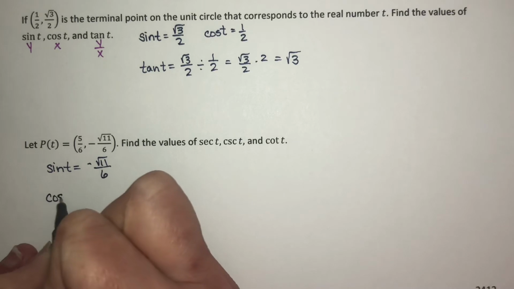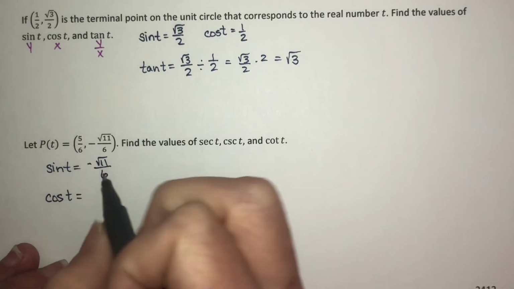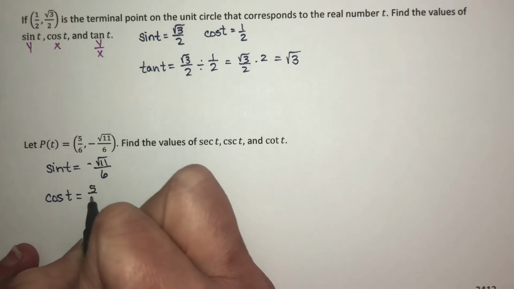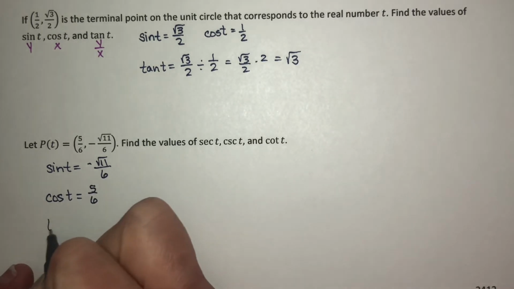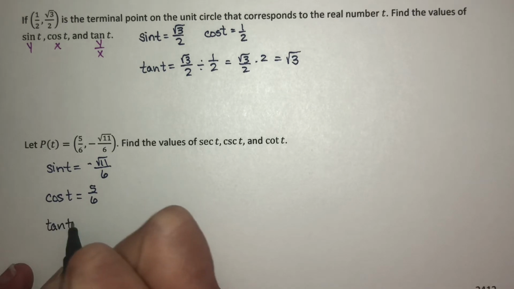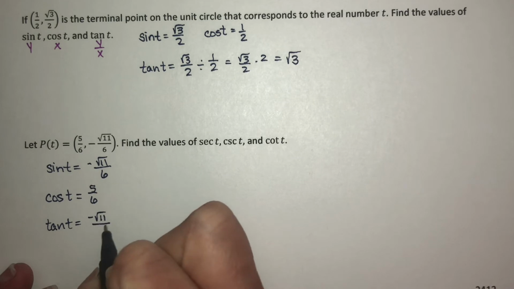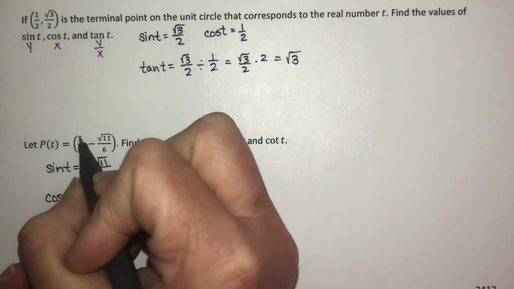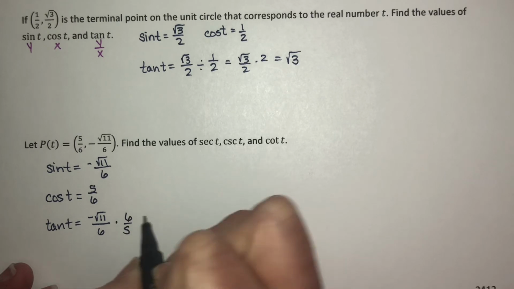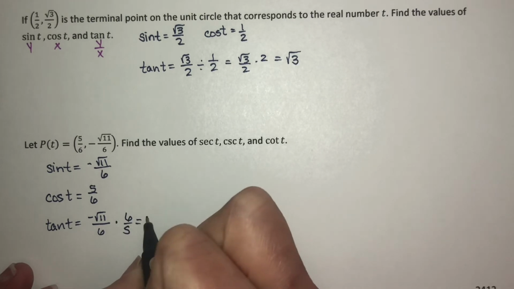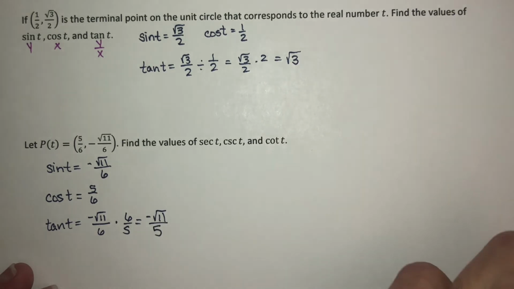Our cosine is our x, so that's 5 over 6. And then tangent will be negative square root 11 over 6 divided by 5/6, so that's the same as multiplying by 6/5. So our tangent value is negative square root 11 over 5.